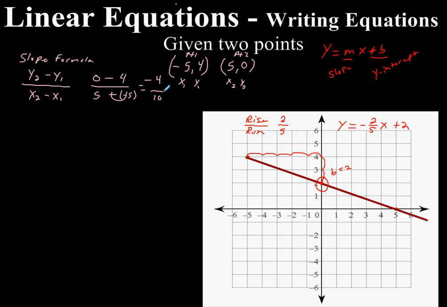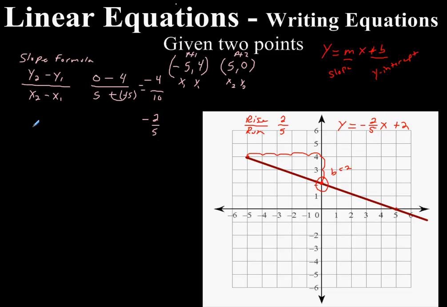Okay, now that fraction can simplify. Both 4 and 10 are divisible by 2, making it a negative 2 over 5. And that's what we got when we did the rise over run, right there. The slope of negative 2 over 5.